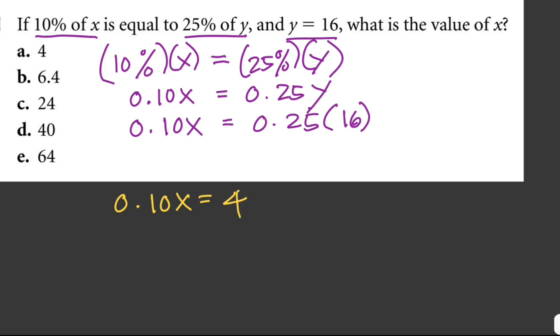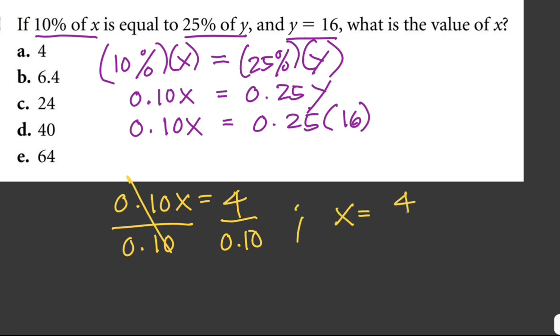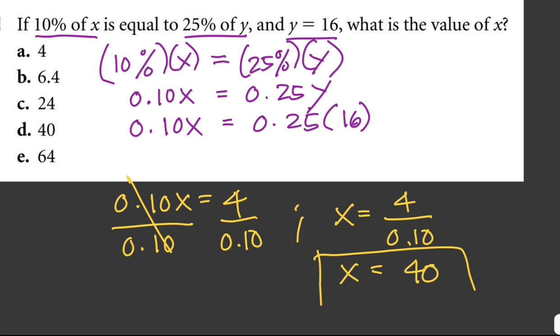And now we can solve for the value of x by dividing both sides by 0.10. Therefore, x is just equal to 4 over 0.10, or x is equal to 40. Therefore, the answer here is letter D.